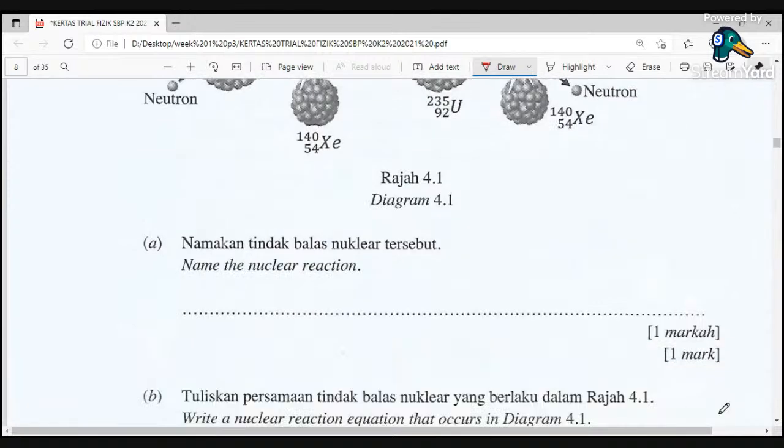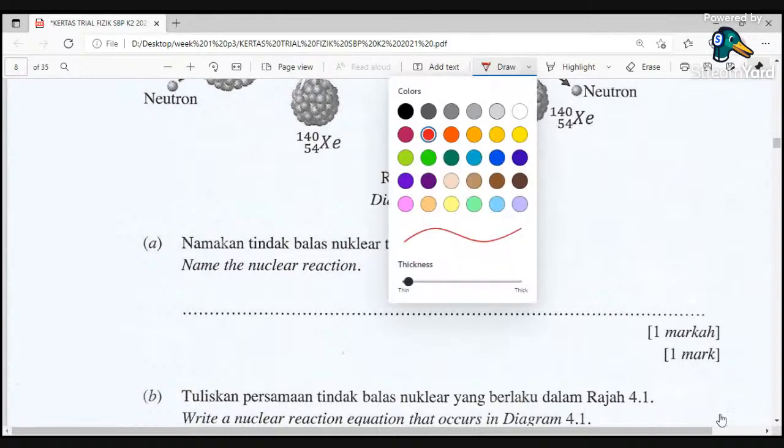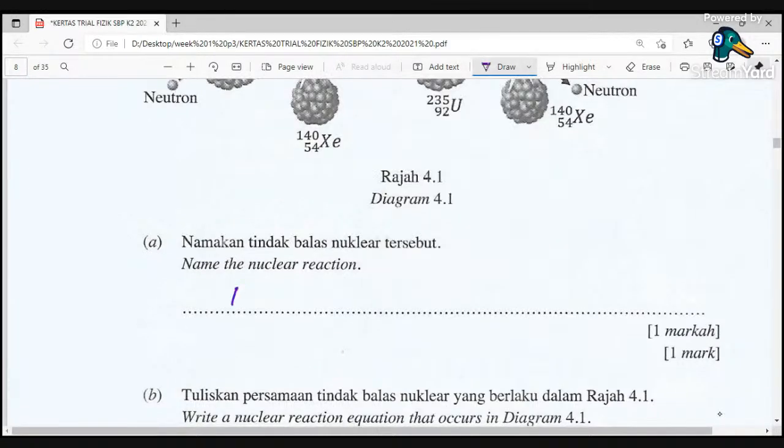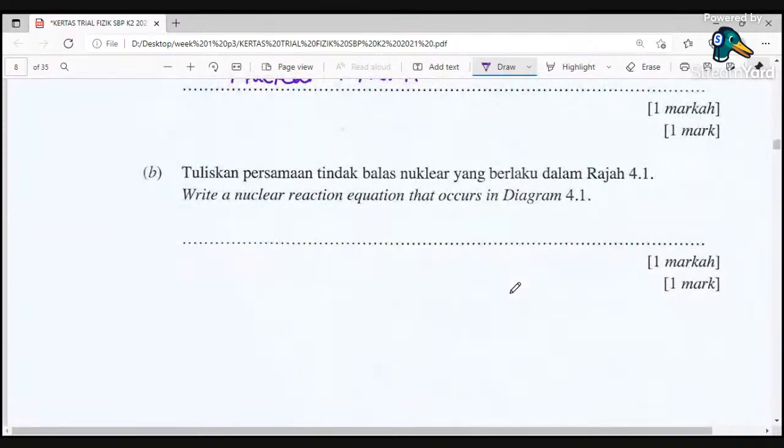Name the nuclear reaction: nuclear fission.